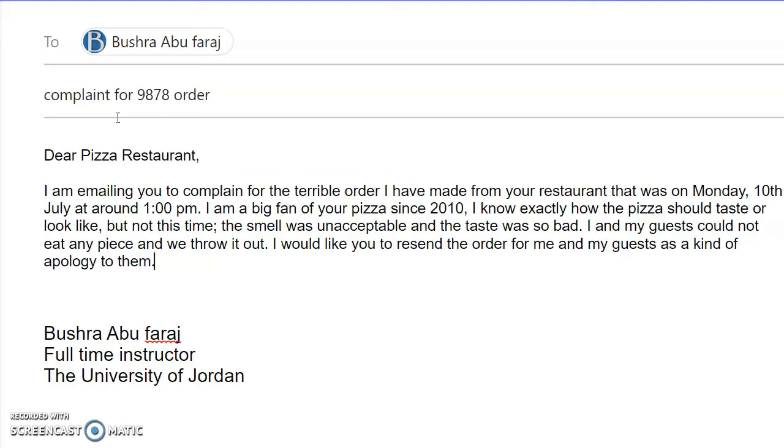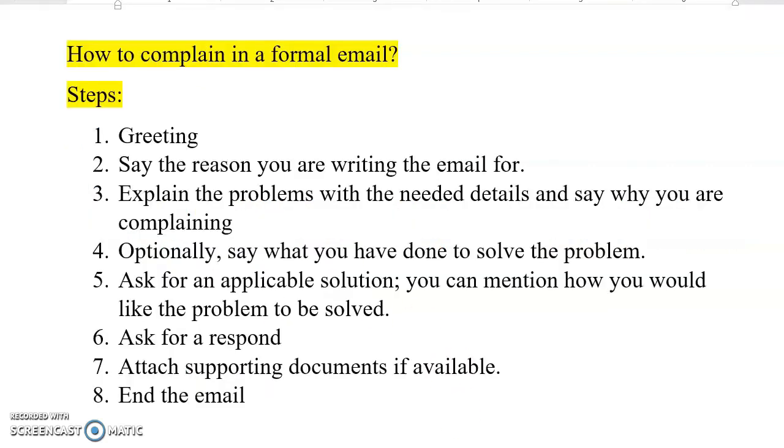So it's good to have the solution. This is just a suggestion from you for the company or for the restaurant that you want to complain to. It's not necessary sometimes to mention a solution just to satisfy you or your needs. So you can ask for a solution, or you can suggest a solution.